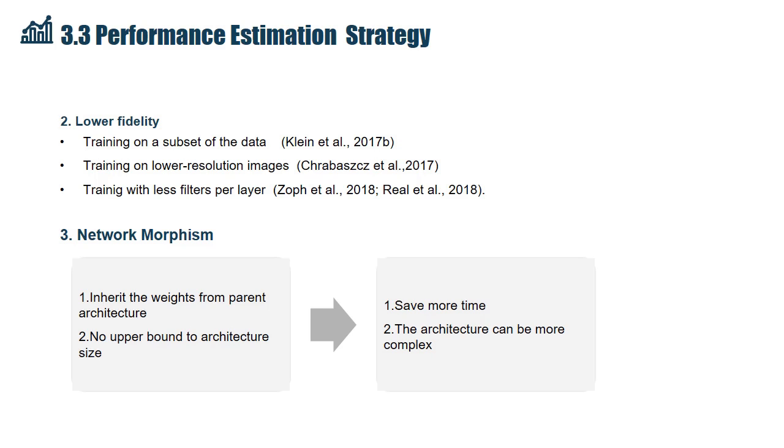So in order to estimate the model more efficiently, we can train the model on a subset of the data or on lower resolution images, and so on. We can also use network morphism to save more time, but here I won't introduce them in detail.